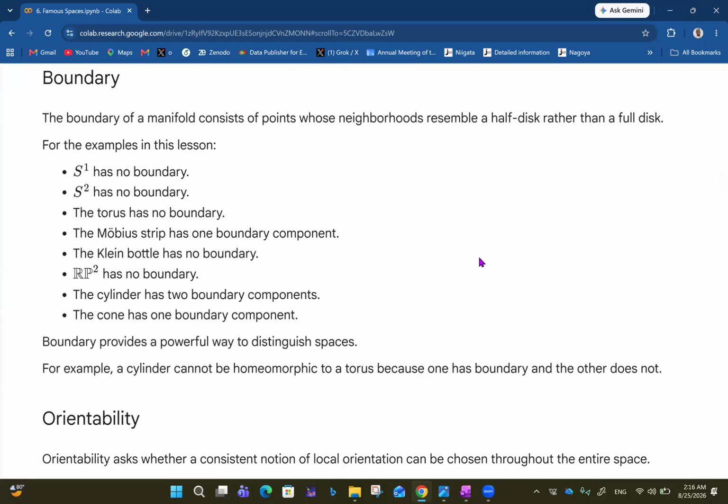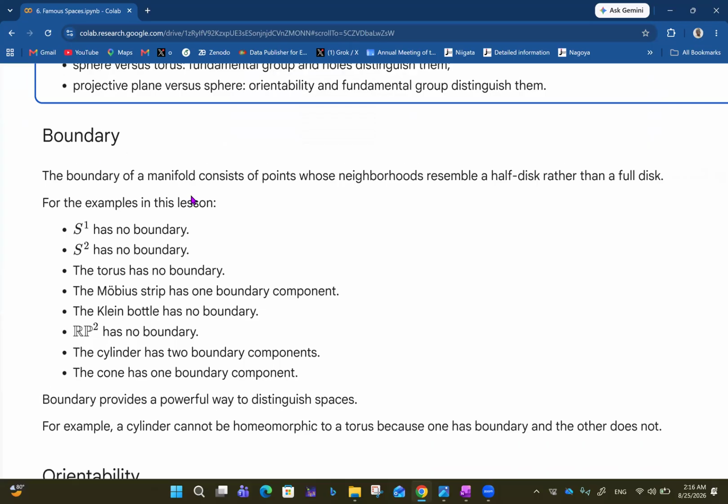So then we'll talk about the idea of boundary. The boundary of a manifold consists of points whose neighborhoods resemble a half disk rather than a full disk. For example, in this lesson, S1 has no boundary. So circle has no boundary, sphere has no boundary, the torus has no boundary also.